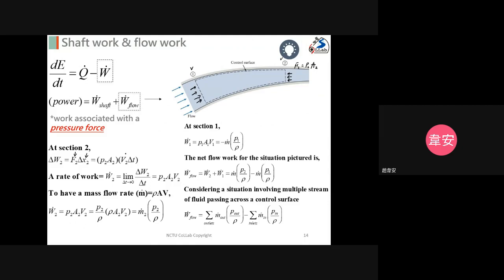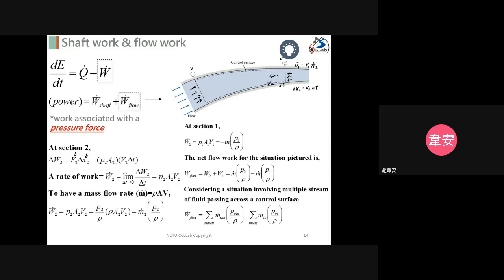Because we know that the flow has the V2 velocity and the delta t time passes, so the distance delta x2 here is the V2 velocity multiplied by the delta t.